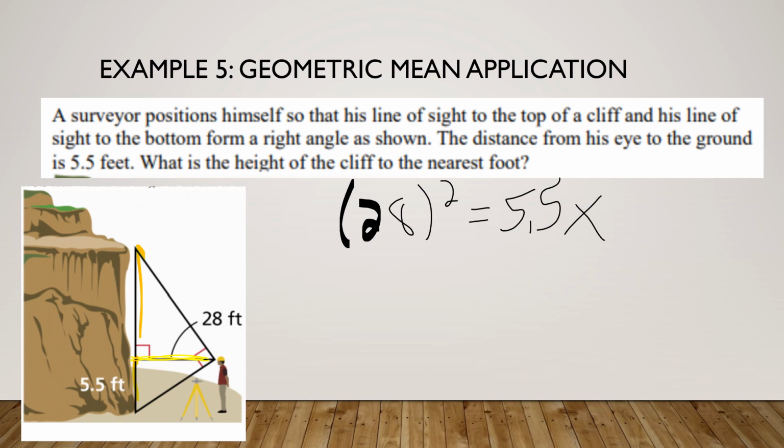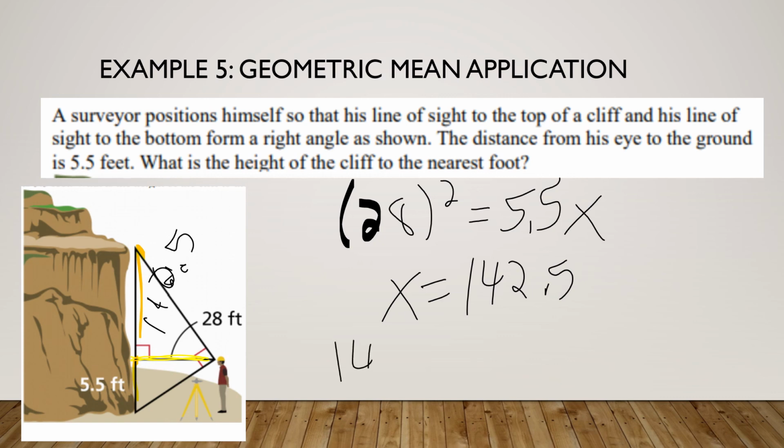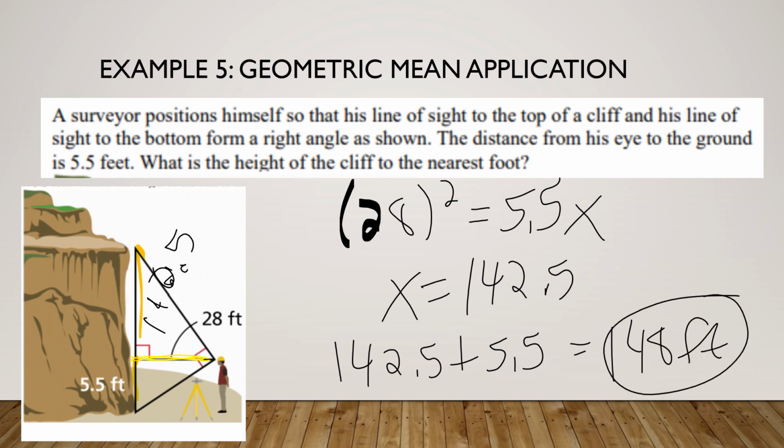Again, we would do the math and we'd end up with x is equal to 142.5. But to get the entire height, we'd have to take 142.5 plus 5.5, and if we do that, we get 148 feet tall.